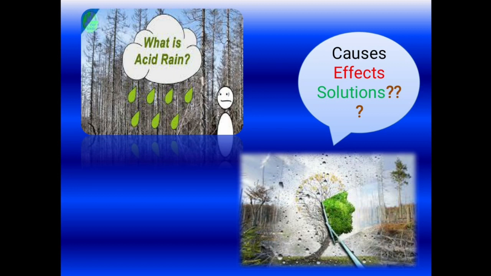Though this sulfuric acid may be produced naturally in small quantities from biological decay and volcanic activity, it is produced almost entirely by human activity, especially the combustion of sulfur-containing fossil fuels in power plants.